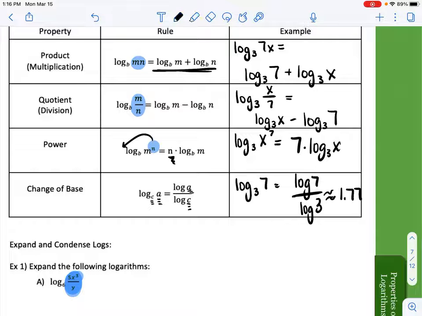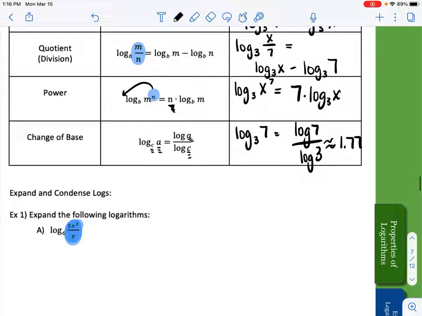It's kind of like our PEMDAS, where these two can be used interchangeably, and then we are working down the scale. And then when we try to condense, we work up the scale. But we'll get to that, okay?